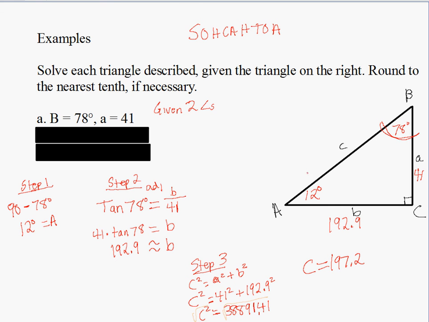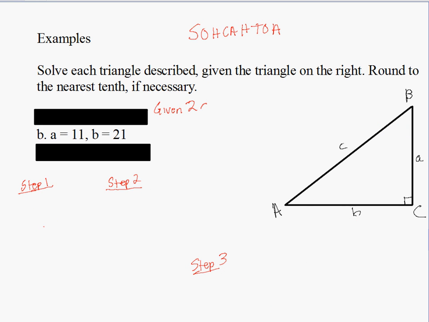So here's my angle, here's my angle, here's my angle, here's my side, and here's my side. All right. For sake of time and sanity, I'm going to go ahead and just write out the work for these other two problems. So let's go ahead and do that.